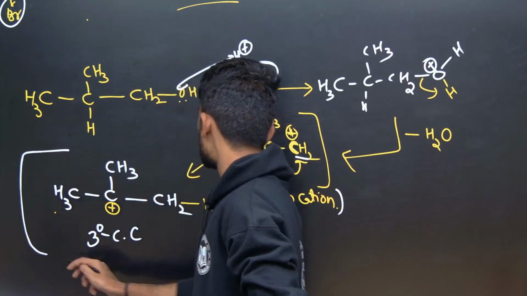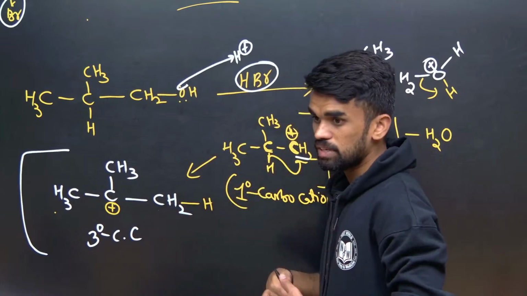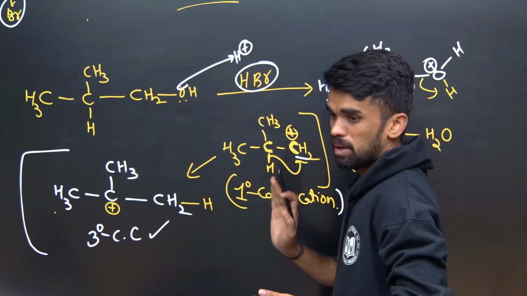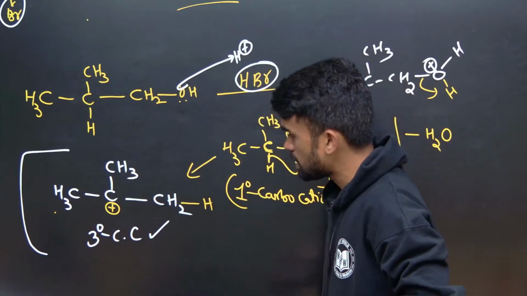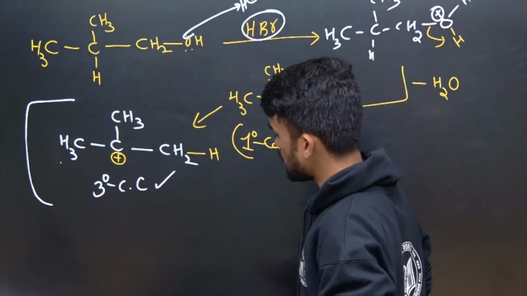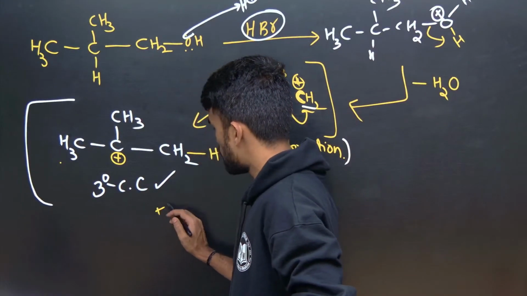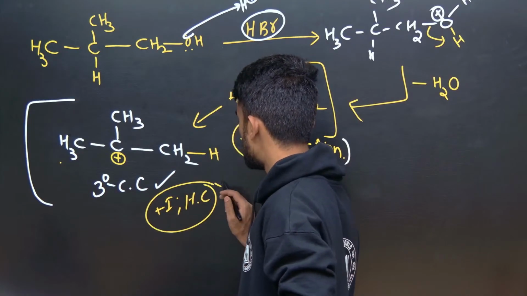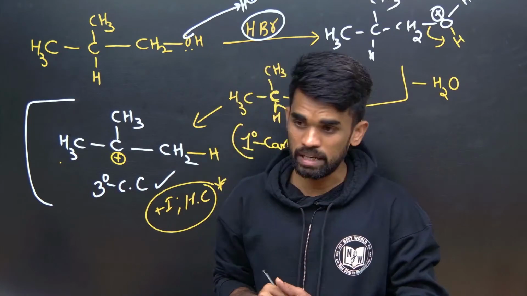Now out of these two carbocations, which is more stable? Tertiary carbocation is more stable than the primary carbocation. What is the reason? How is it stabilized? We will be studying that in the applications of inductive effect and hyperconjugation. This is very, very important. Lectures will be provided later for this.